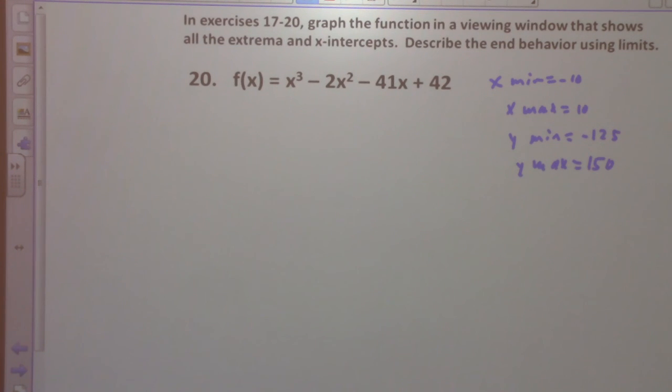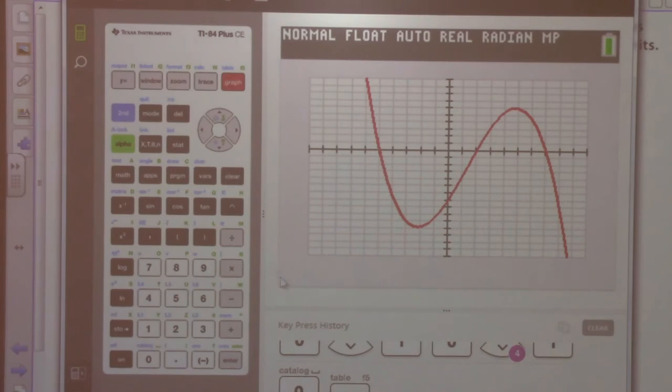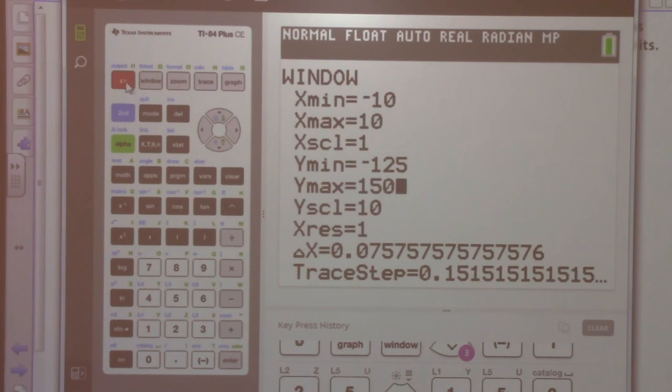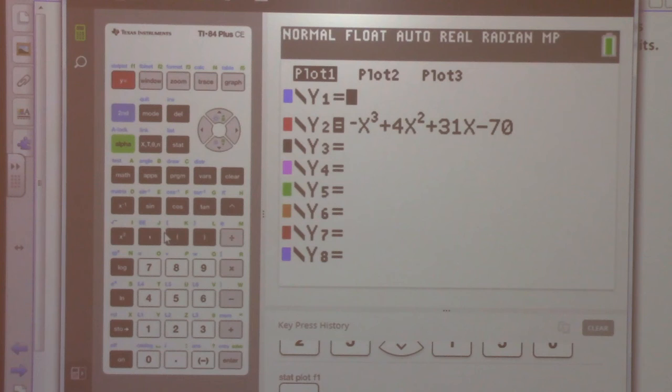Okay, let's try that out. So we get -125 and 150. Okay, and we come over here, and that's going to be x cubed minus 2x squared, is that right?